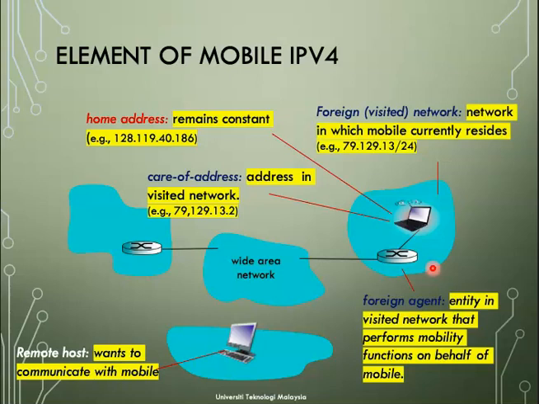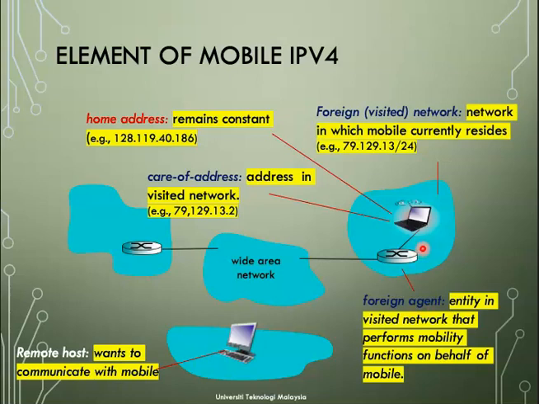Another role of the foreign agent is to create the care of address for that mobile host, with the network portion of the care of address, or COA, matching that of the foreign network. So there are two addresses associated with the mobile host: home address and care of address, sometimes known as a foreign address.